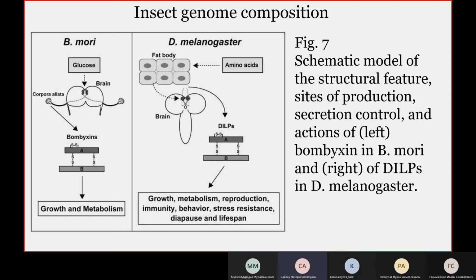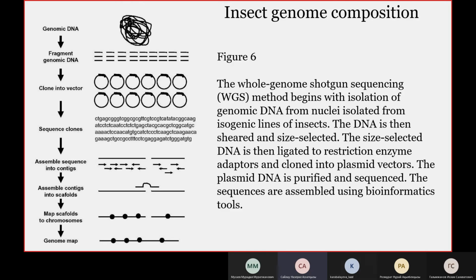Also, there are two main factors that affect the quality of insect genome assembly: the repetitive sequences and the heterozygosity. A large number of repetitive sequences in the genome can cause substantial ambiguity in the process of assembling contigs and scaffolds. And the heterozygosity, or allelic variation, in sequenced individuals also greatly complicates genome assembly.